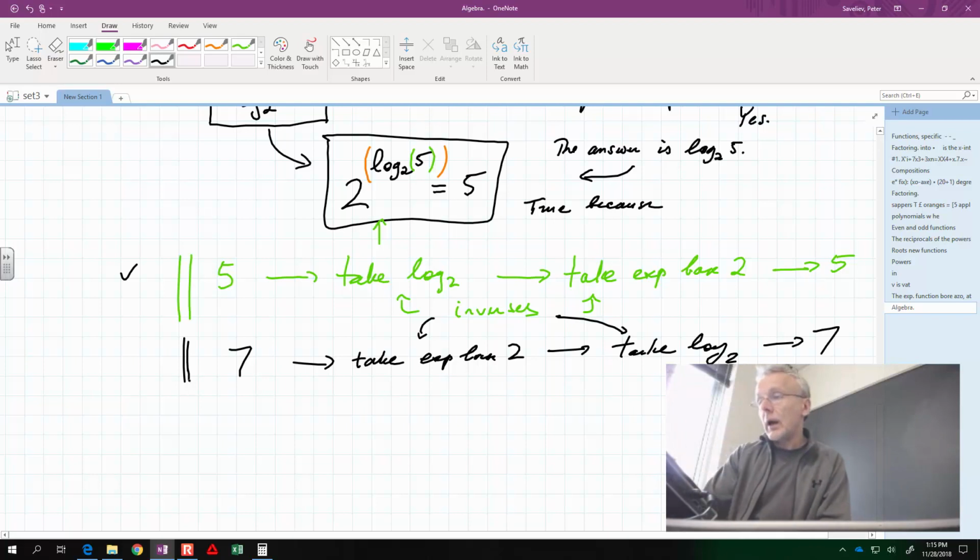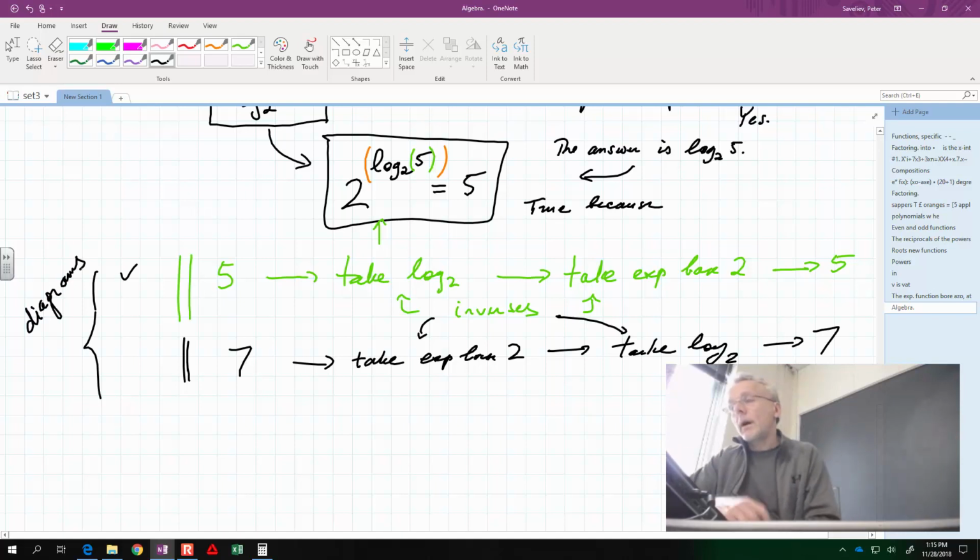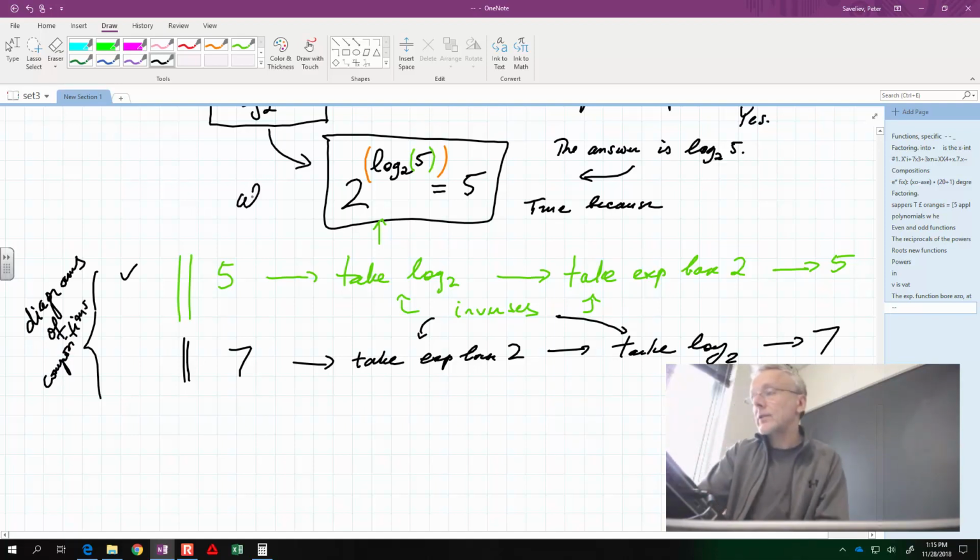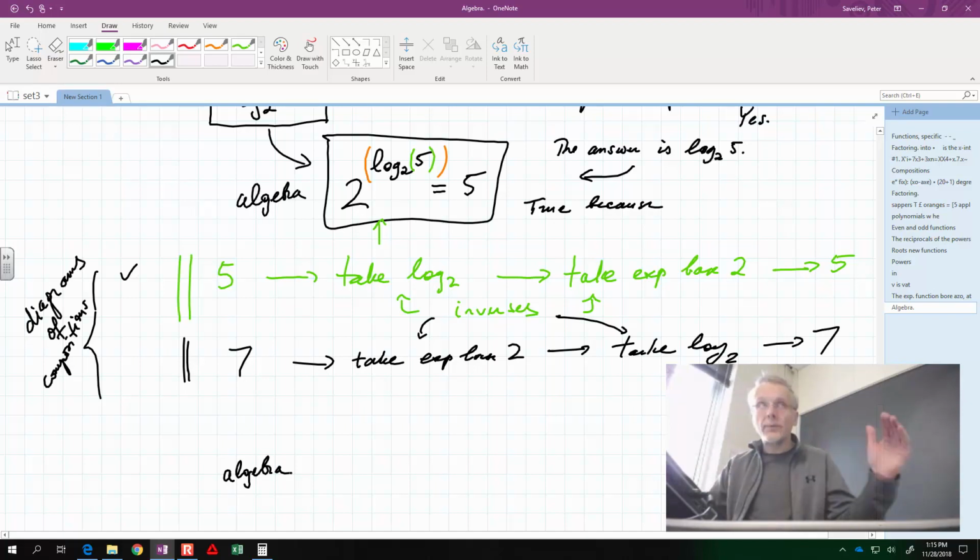This time, I want to take that understanding of two compositions written separately backwards to algebra. These are diagrams of compositions, and the algebraic representation is more compact. This is algebra, and we need to know both. So this is the algebra for the second line. I start with 7 and build up from inside out.